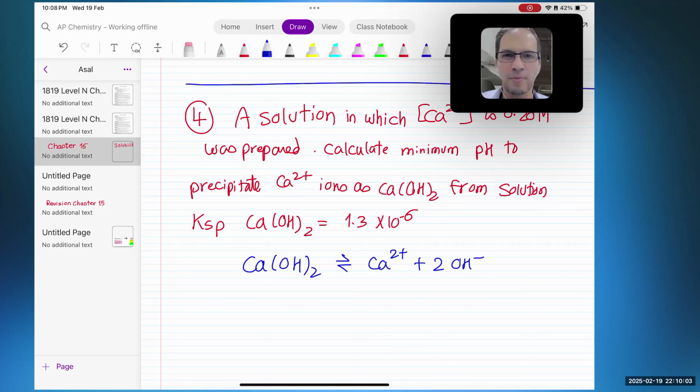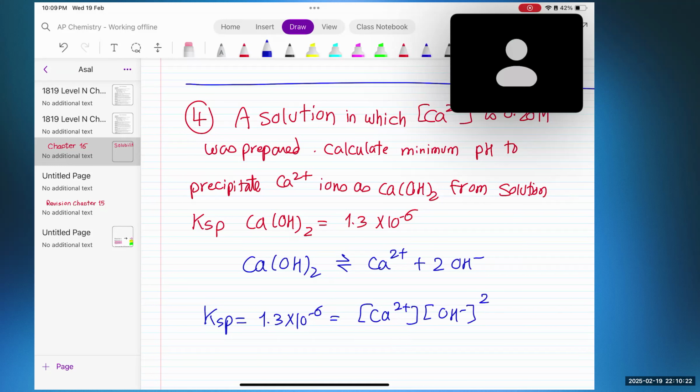You said the Ksp is equal to the products over the reactants. So this Ksp that you give me, 1.3 multiplied by 10 to the power of -7, is equal to the concentration of calcium multiplied by the concentration of hydroxide to the power of 2. But the concentration of calcium is already there.